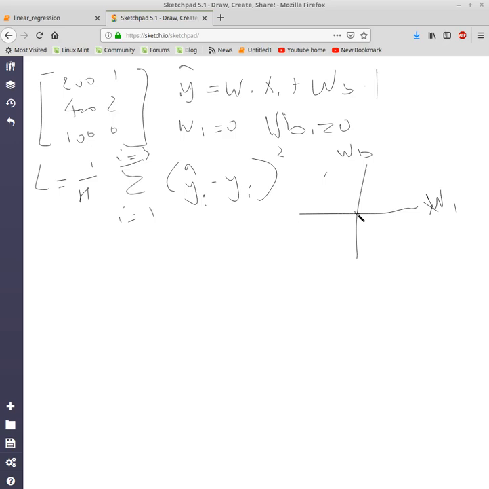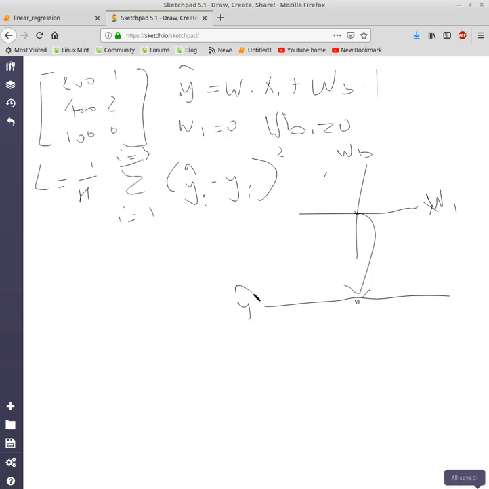So this maps to a number line, where this number line represents y hat. So this is the y hat number line.